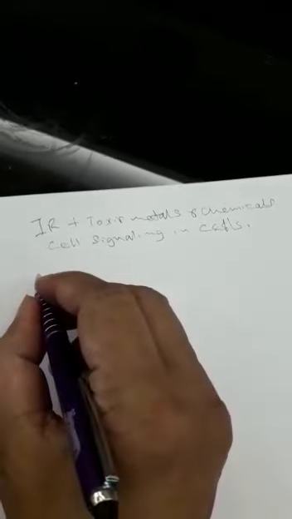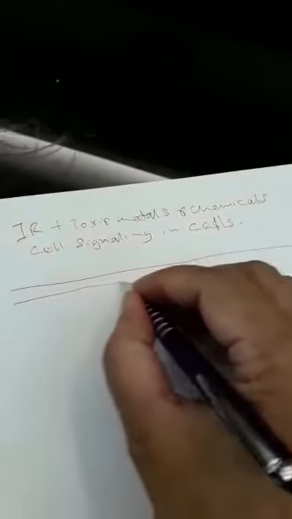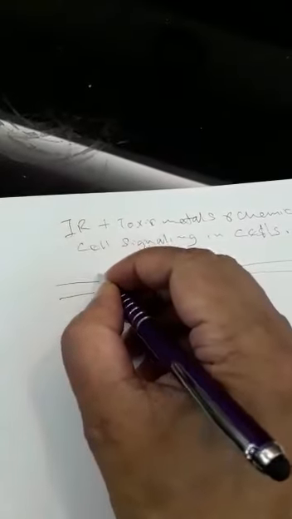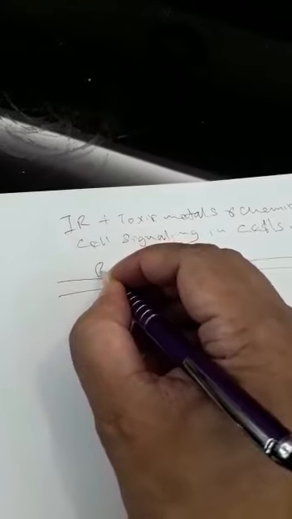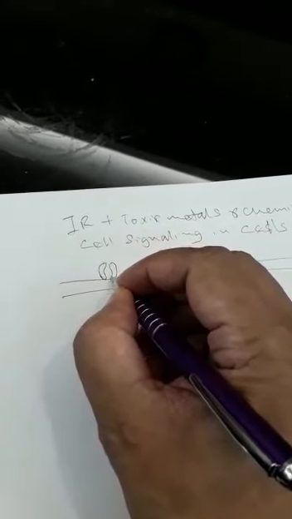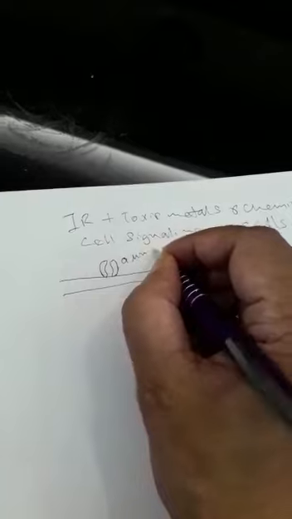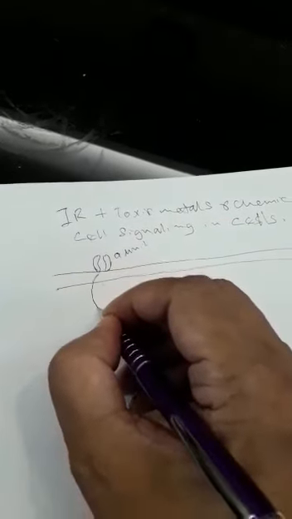Okay, if you take the surface of a cell, we have the insulin receptor on the outer surface of the cell membrane, and this is the alpha unit, and the beta unit appears this way.